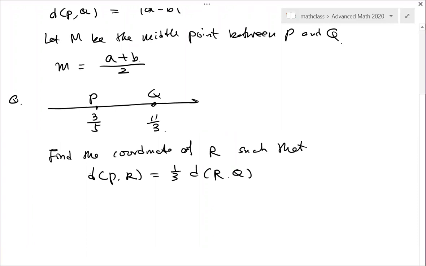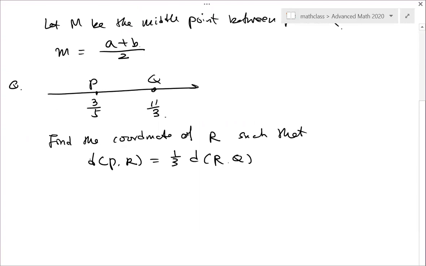Maybe we have one solution, maybe we have two solutions. So, how do you solve this problem?